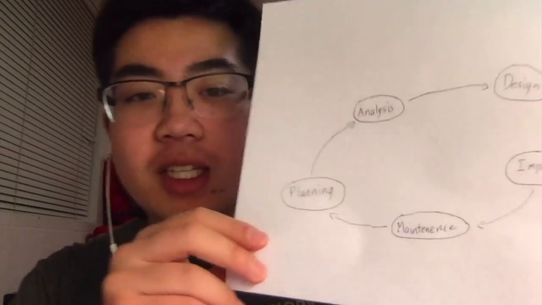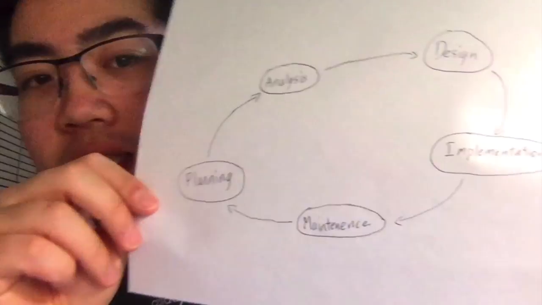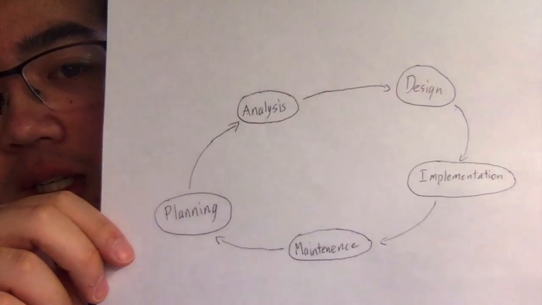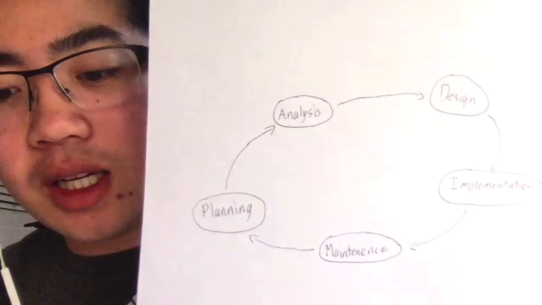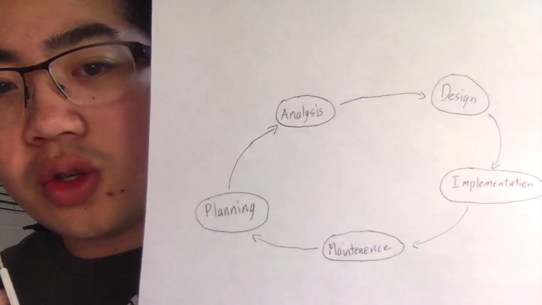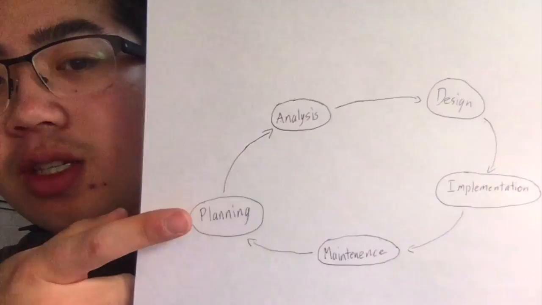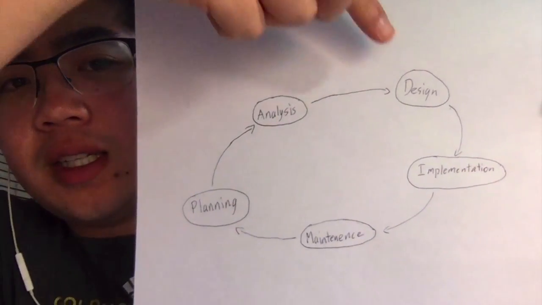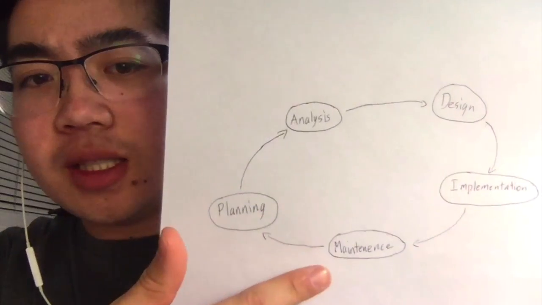Just to summarize all that, this is just a generic chart of the traditional formal systems process. You have the planning stage right here, the analysis, design, implementation, and then the maintenance.